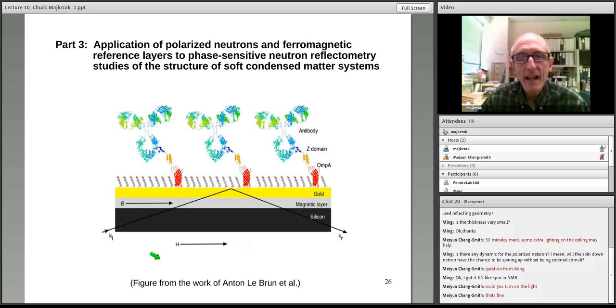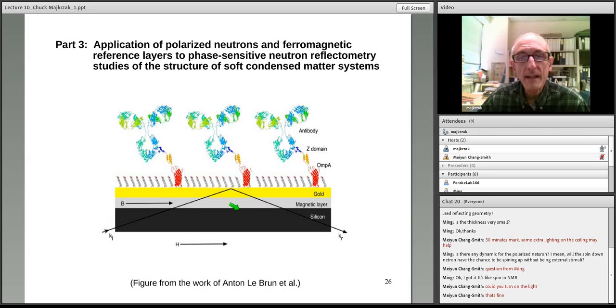So the magnetic system reference is very nice because it doesn't have any connection directly to the study of the system, the organic soft condensed matter system of interest.